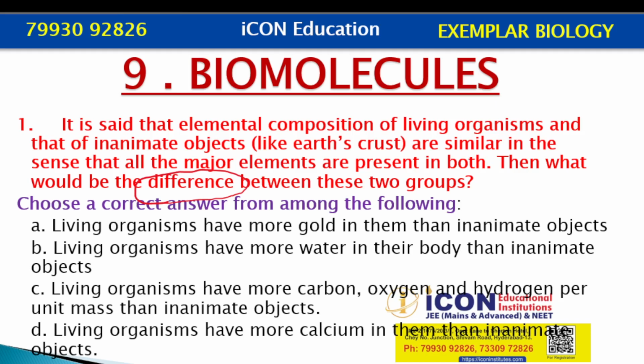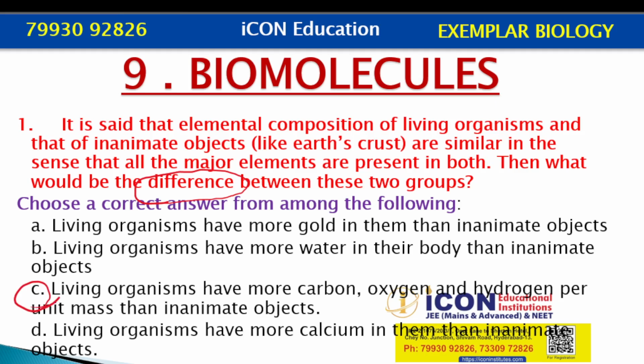It is incorrect because gold is not there. Living organisms have more water in their body than inanimate object. This is also incorrect. Living organisms have more carbon, oxygen and hydrogen per unit mass than the inanimate object. This option C makes the difference.